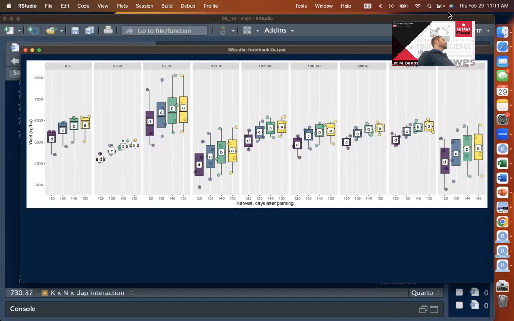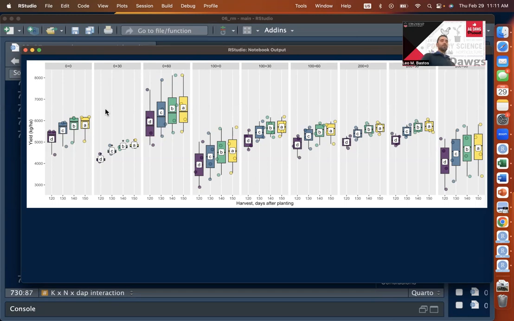And just to remind you, because of the way that I extract the means and how that impacts how the pairwise comparisons are done, the only comparison I can do is within this plot, right? So the A here does not mean that it's the same as this A. I cannot compare across treatments. It's just within the treatment over time. If that is your hypothesis, this is how we would extract means.